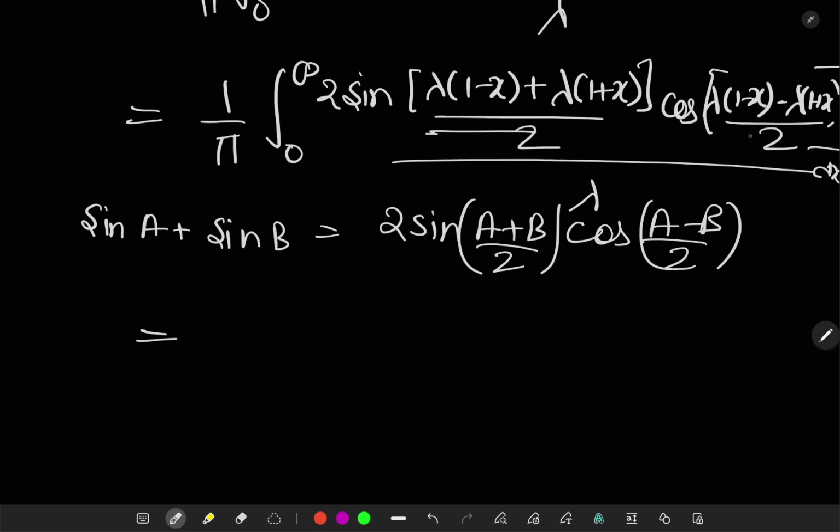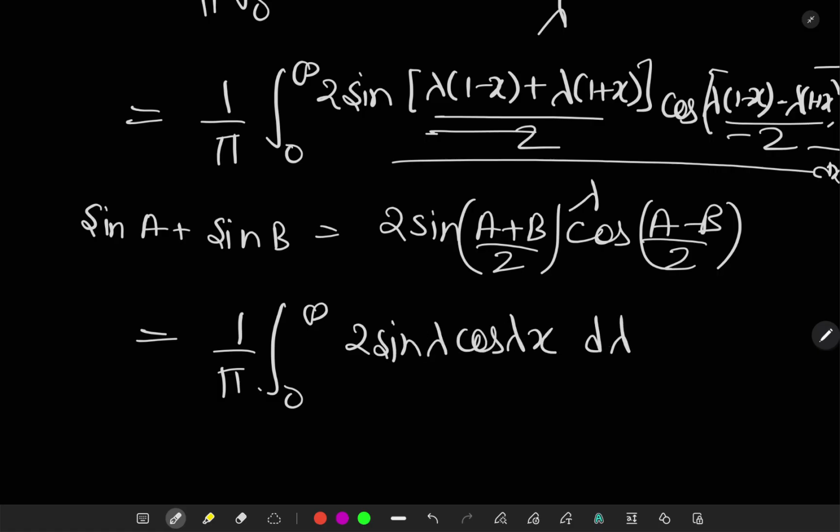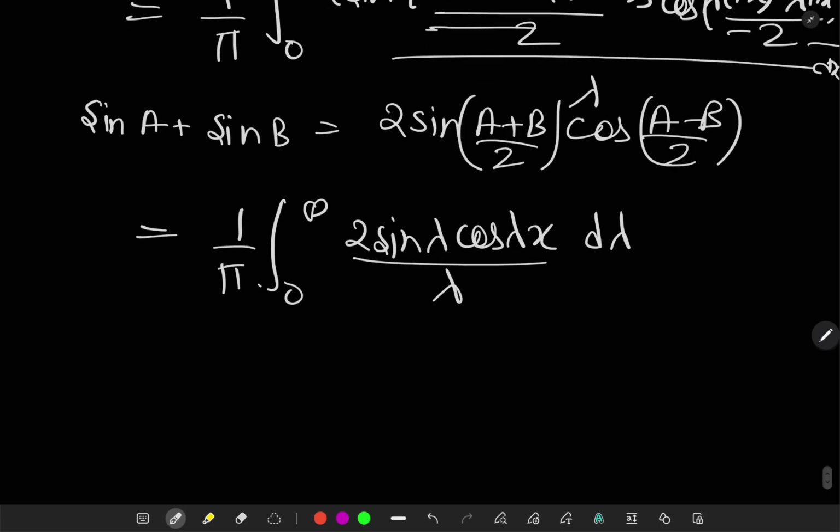After solving this term, we get here this term divided by λ, and this is equal to f(x).